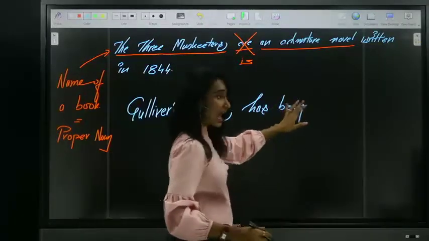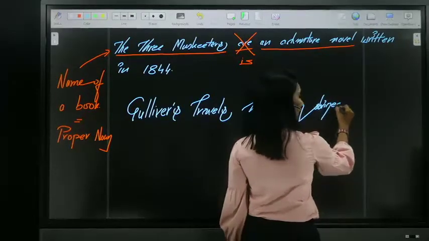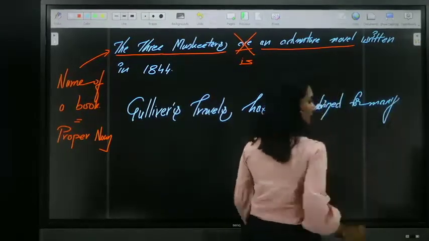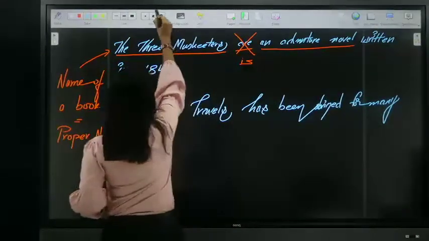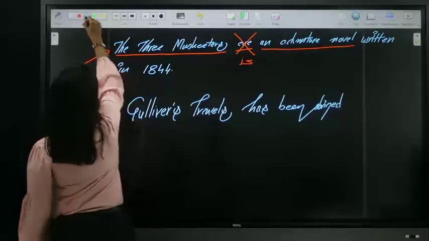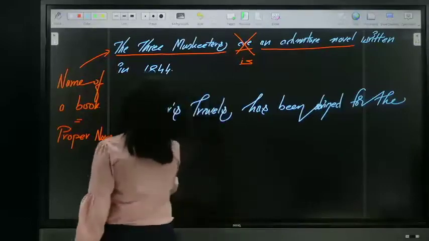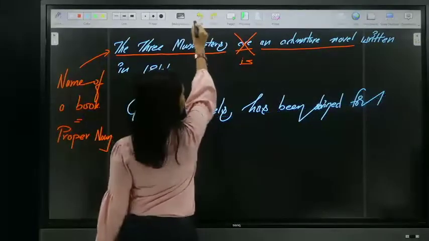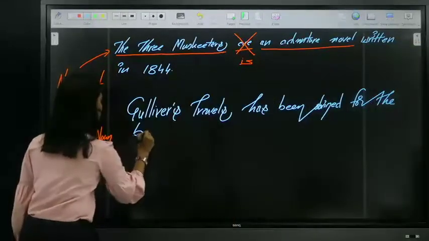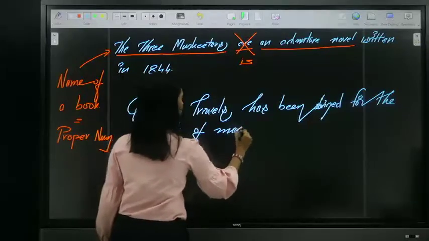So Gulliver's Travels has been abridged for the benefit of many children.